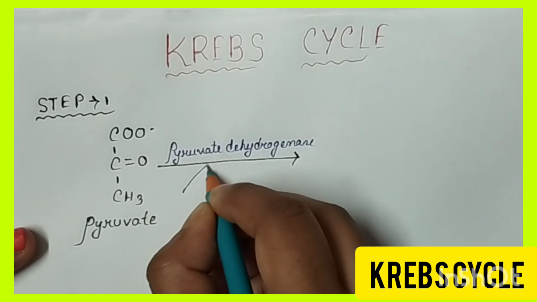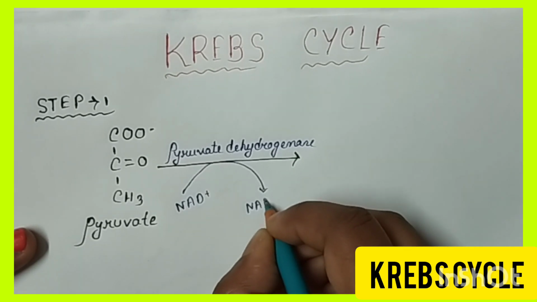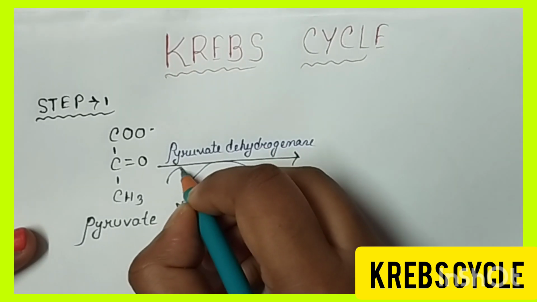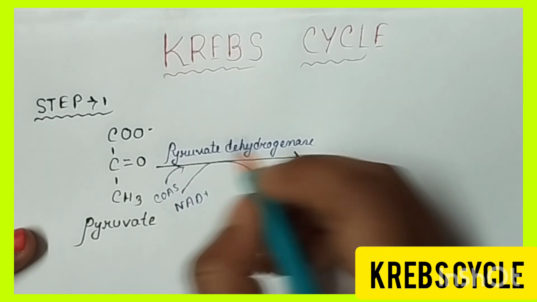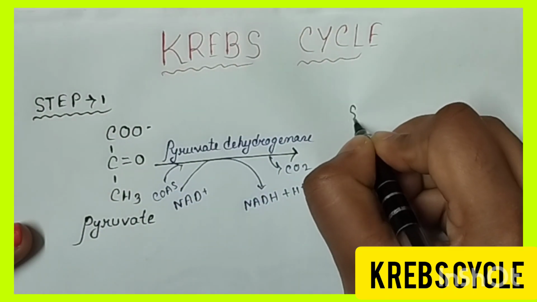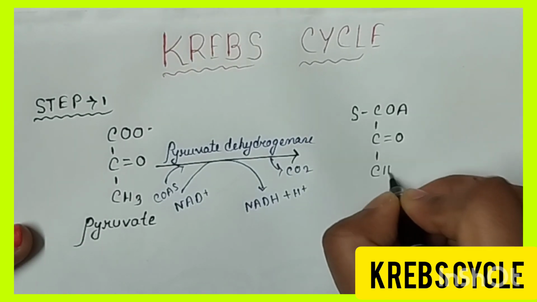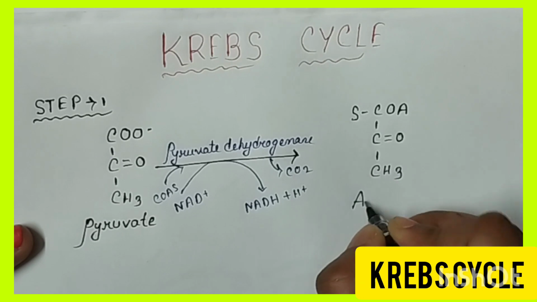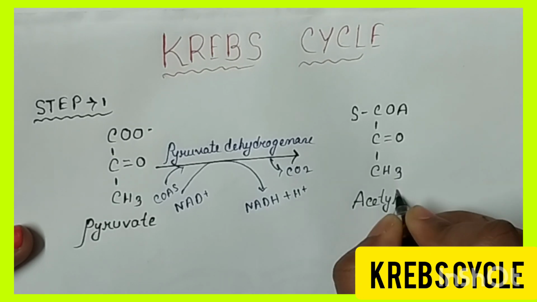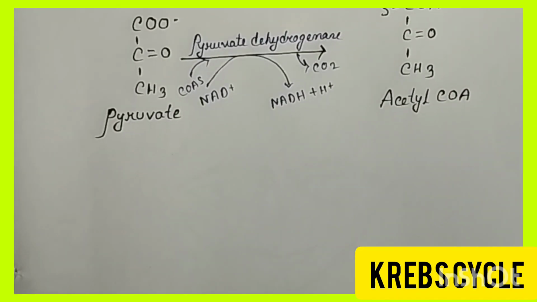CoA enters in these reactions and CO2 is eliminated from pyruvate, and NAD plus enters and produces NADH plus H plus, forming acetyl CoA.